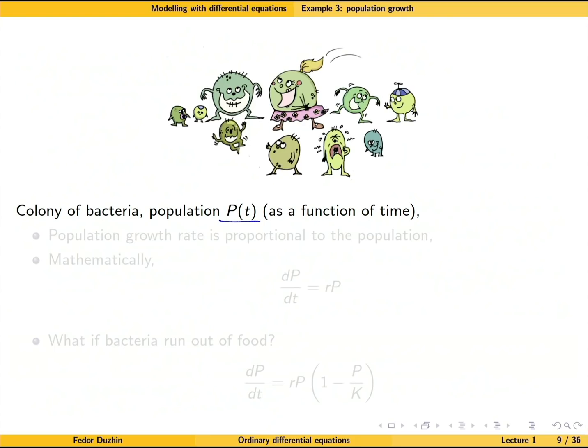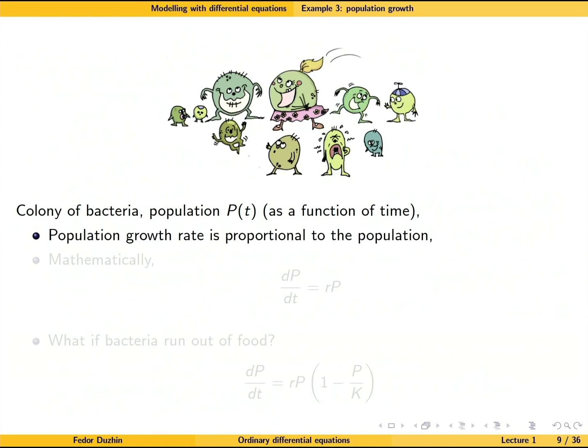This P of t is measured, well, it's actually the mass of all bacteria, so it is measured in, I don't know, probably milligrams or something. I don't know how exactly bacteria weigh, but it's not the number of bacteria, it's rather the total mass of bacteria, right? So it is really a continuous quantity. It's not a discrete quantity.